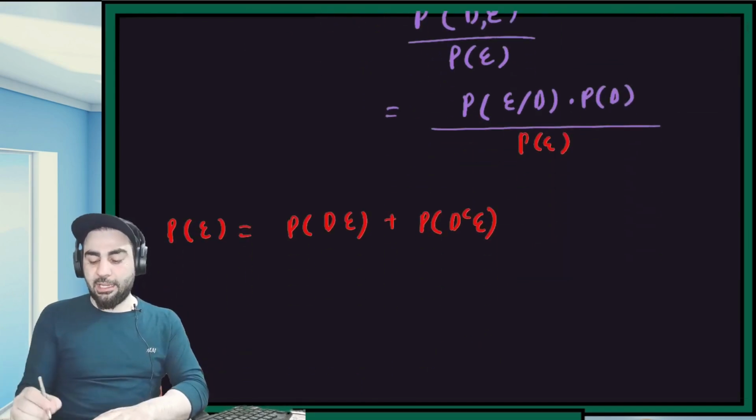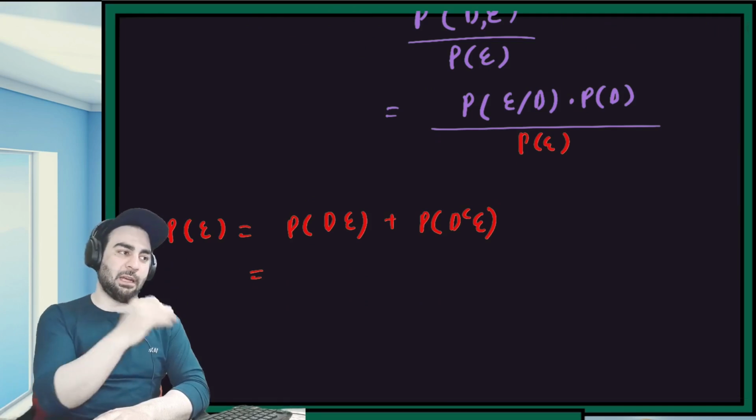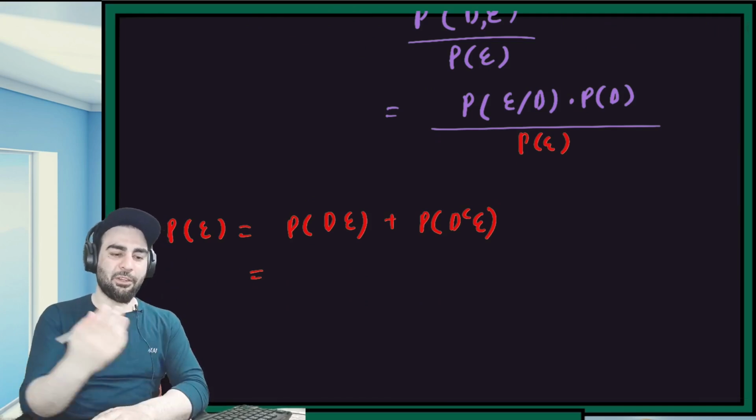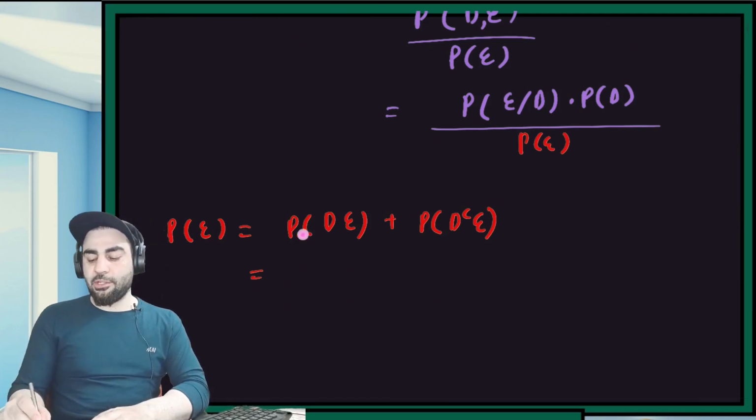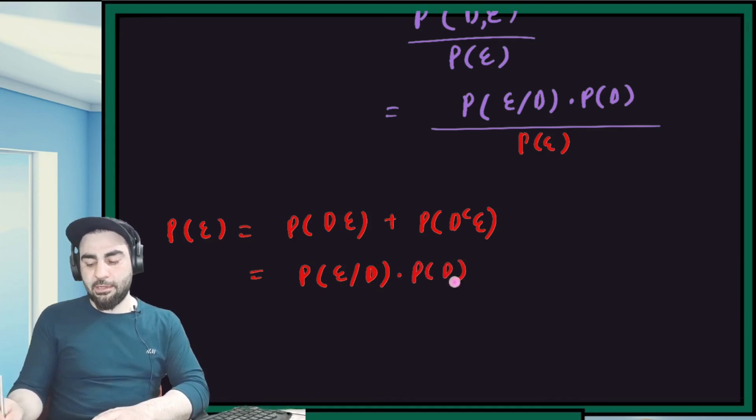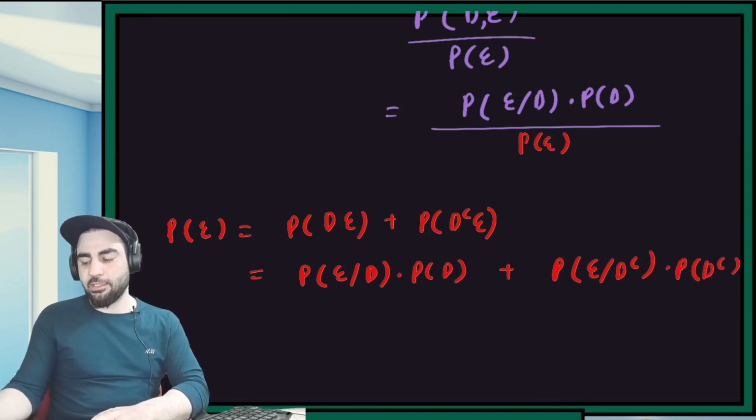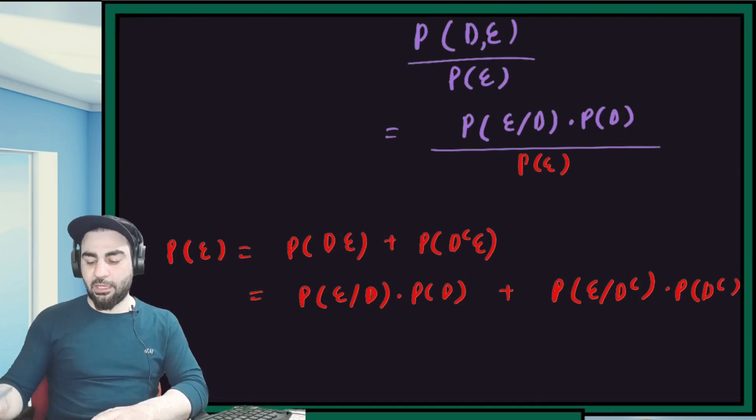Now we can use the multiplicative rule we have also seen. This can be written as the probability of evidence given disease multiplied by the probability of disease, plus the probability of evidence given no disease multiplied by the probability of not disease. This is the denominator that we can put here.